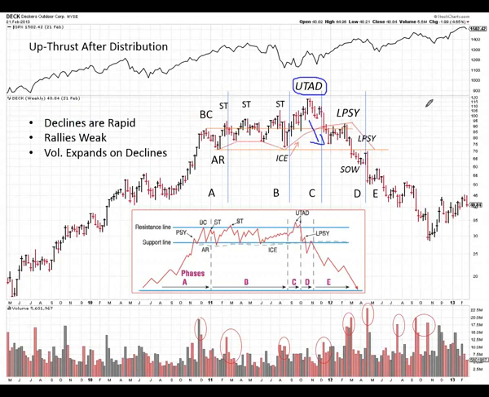And so the thing to notice about this, without getting too much into it, you can study this. This is a talk that I did for ChartCon up in Seattle, and notice that the characteristic is that you're starting to see big spikes of volume on the declines.